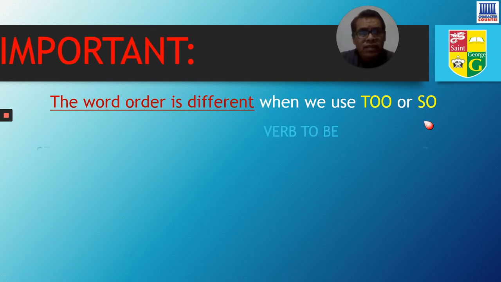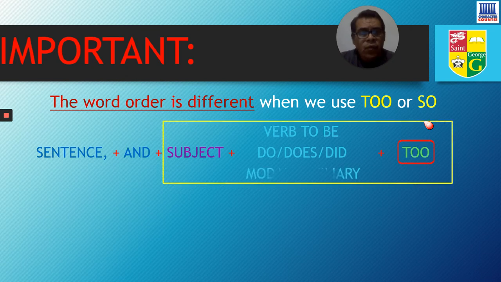For example, when we use the word too, it goes at the end of the sentence, always at the end. Look here, you have a sentence, the connector and, the subject, the verb to be, do, does, or did, or a modal auxiliary plus the word too.